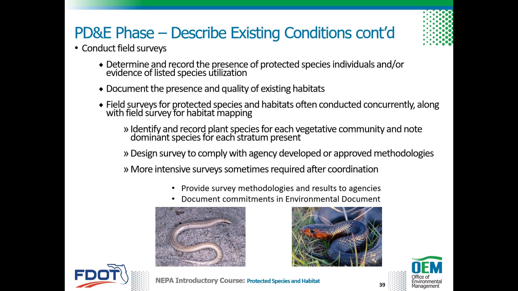Field surveys for specific species may be required and should be designed to account for life histories and behaviors of listed species with the potential to occur within the action area.